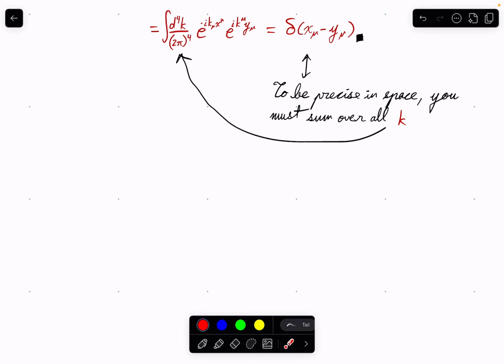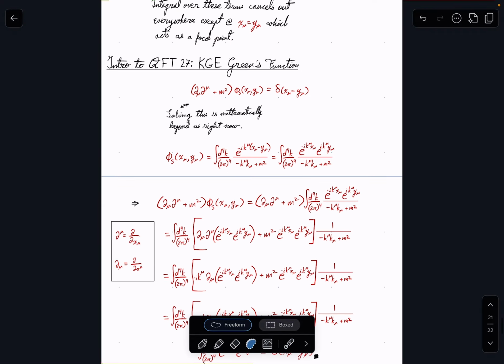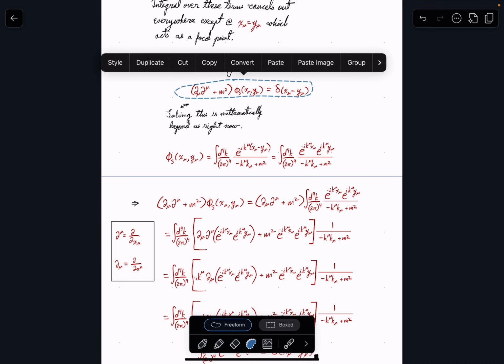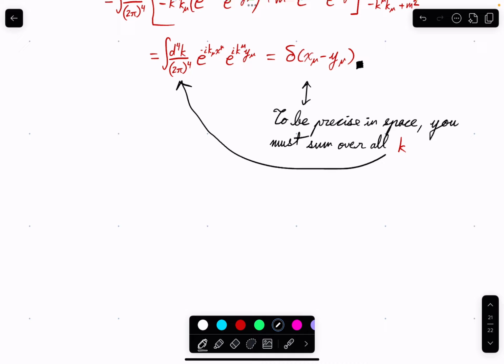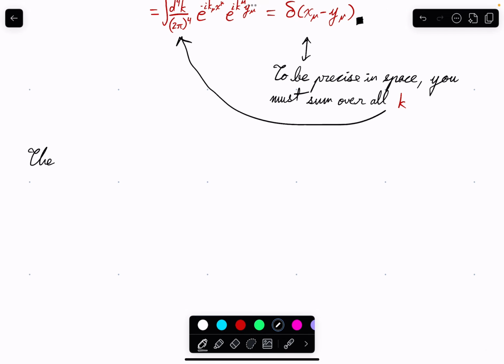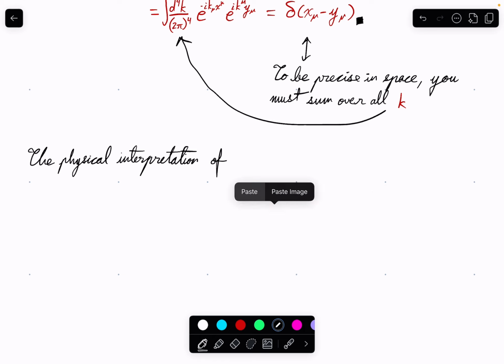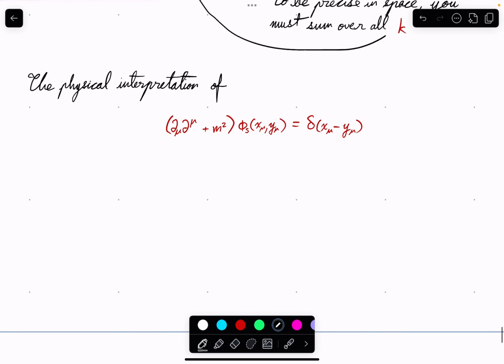So now let's talk about the physical interpretation a little bit. The physical interpretation of the inhomogeneous Klein-Gordon equation is of a free field, because think about this right here.